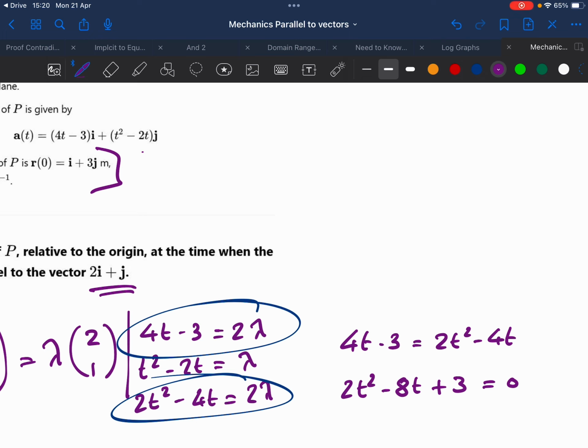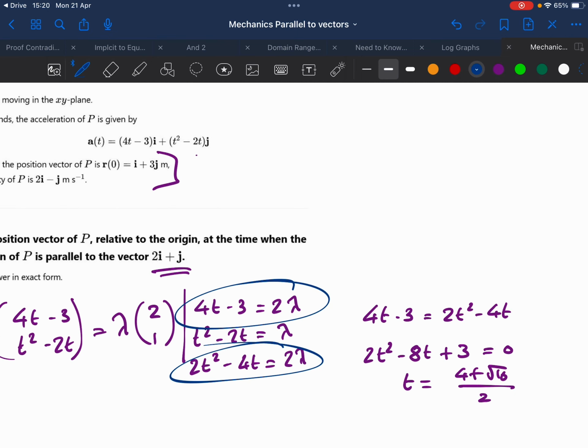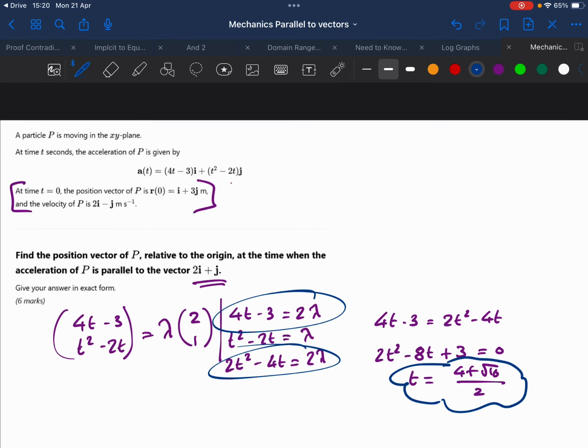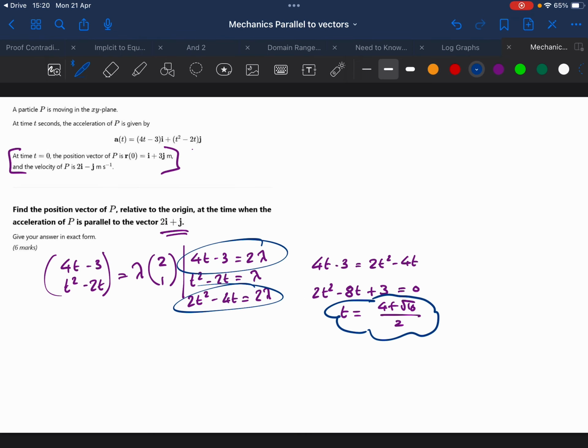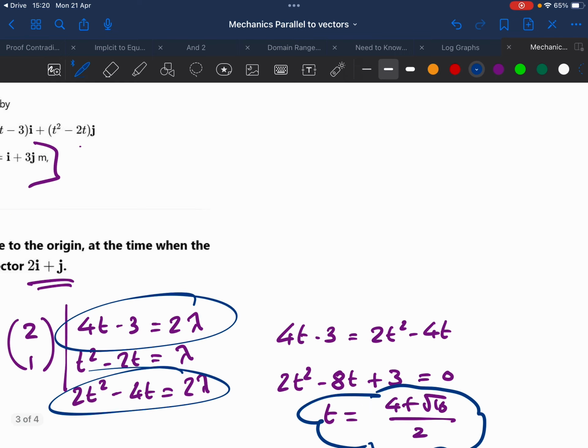And from that one there, this one doesn't give you such a nice t value. The t value on this one in surd form seems to be 4 plus root 10 over 2. So now we've got our t value. What would we do with the other part? Well, with the other part, we're going to integrate again.